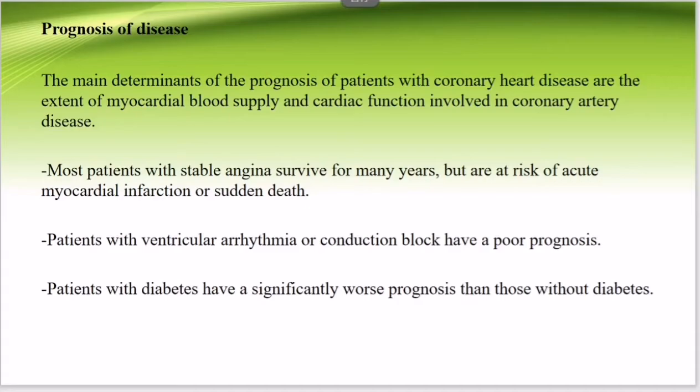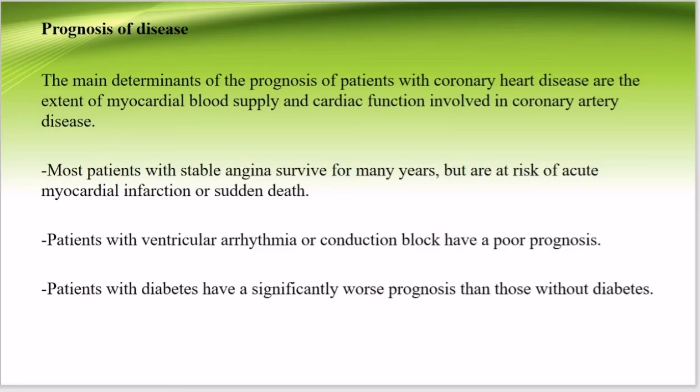Prognosis of disease. The main determinants of the prognosis of patients with coronary heart disease are the extent of myocardial blood supply and cardiac function involved in coronary artery disease.